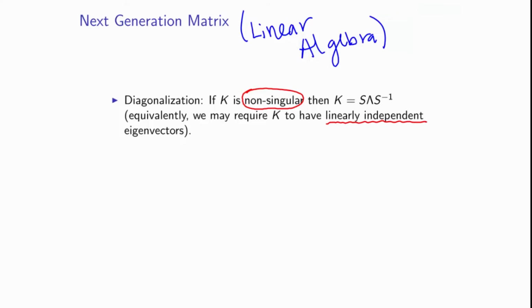There is a number of things there. And if we say, suppose that the next generation matrix is non-singular, that is a strong assumption. That is no free lunch. That is something substantial.